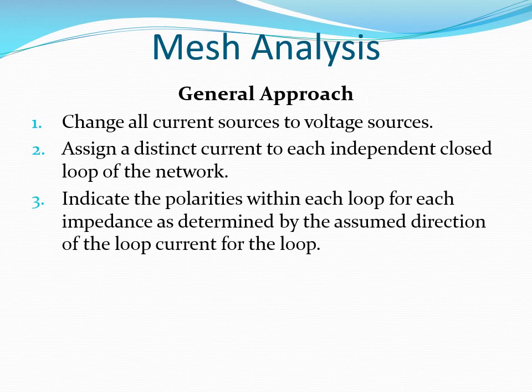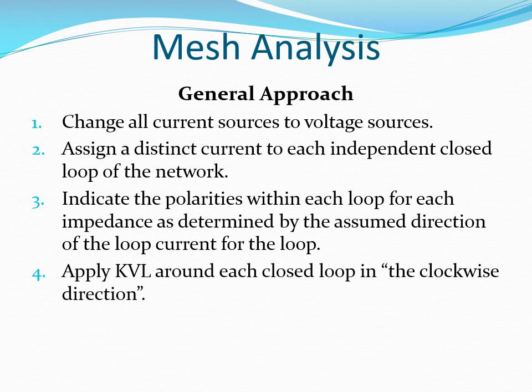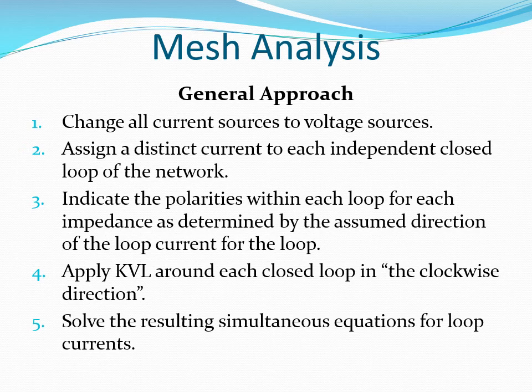Indicate the polarities within each loop for each impedance as determined by the assumed direction of the loop current for the loop. 4. Apply KVL around each closed loop. 5. Solve the resulting simultaneous equations for loop currents. The loop currents can then be used to calculate any other quantities in the circuit.